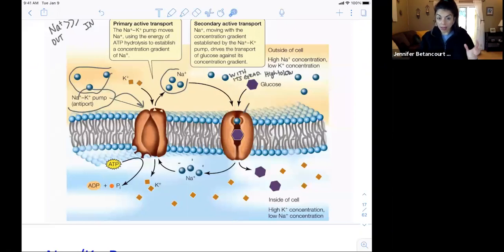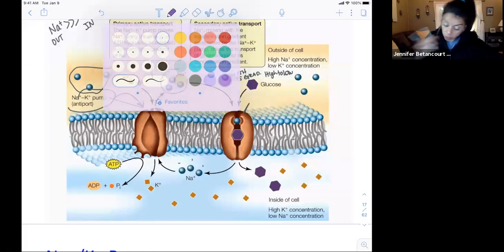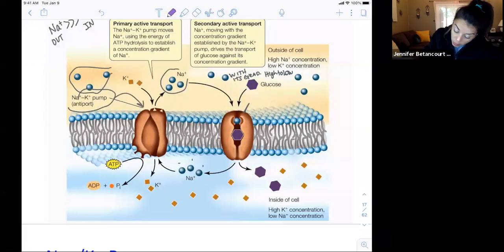You're going to say, well, this is active transport, so where is the energy coming from? That concentration gradient is the driving force. It is the energy that forces the pump to work. And as the sodium is coming into the pump, it's dragging glucose with it. And so we are actually transporting glucose from a region of low concentration to high concentration.